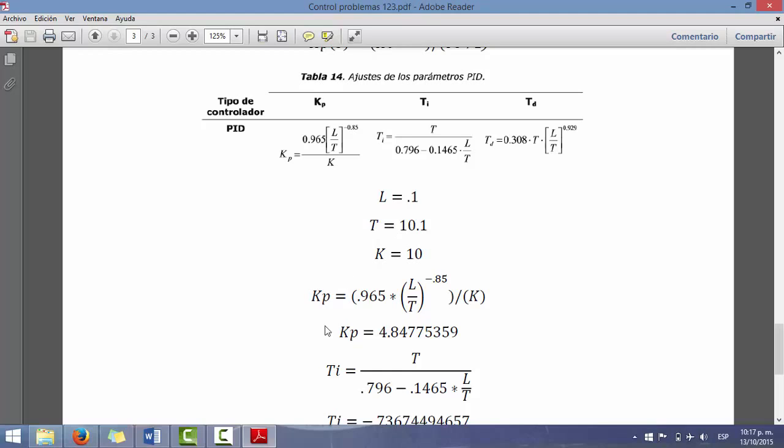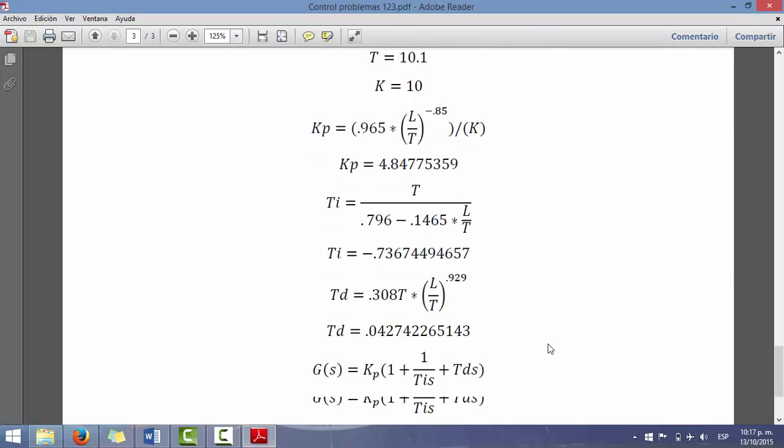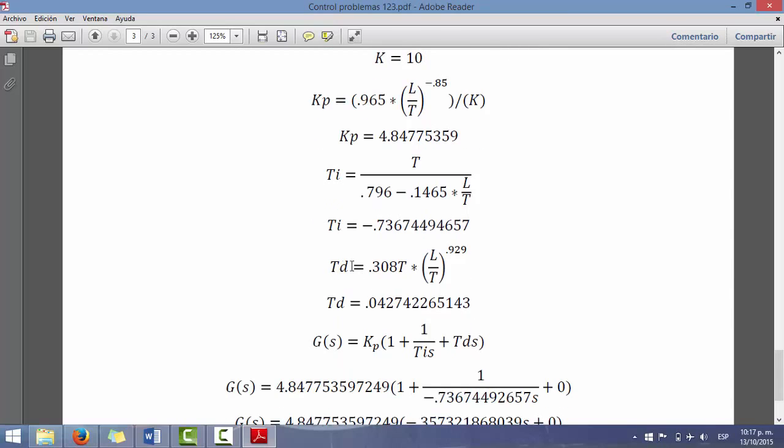We just substitute the values that we have above and obtain the value of Kp and the value of Ti, and the value of Td is not used, so it's 0.